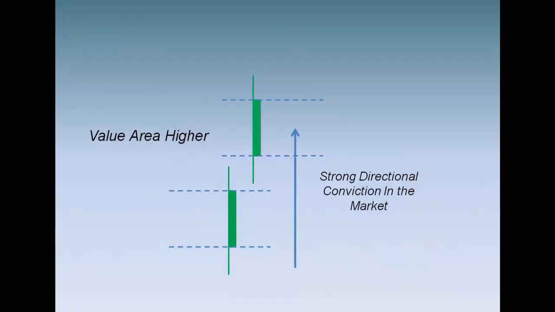If we take a peek here, and basically I am highlighting the different relationships. So we have our prior value area high, our prior value area low, and this is basically the value area here. And now prices begin to trade above value, and we establish a new value area that is significantly higher than the prior value area.